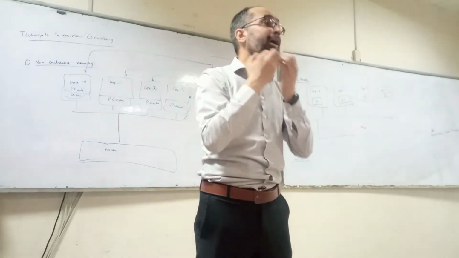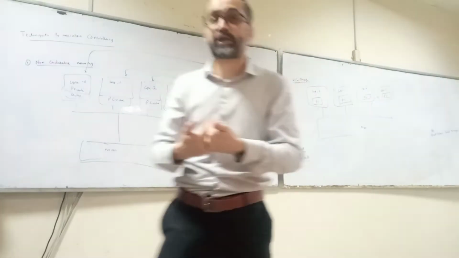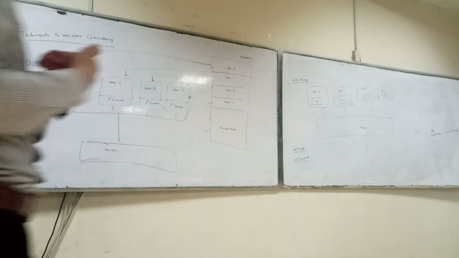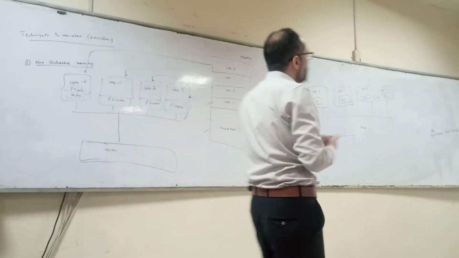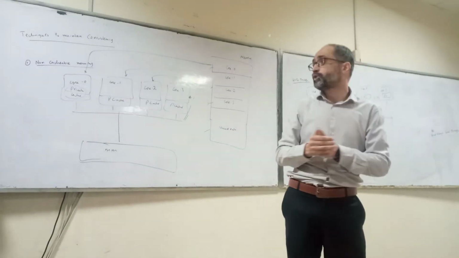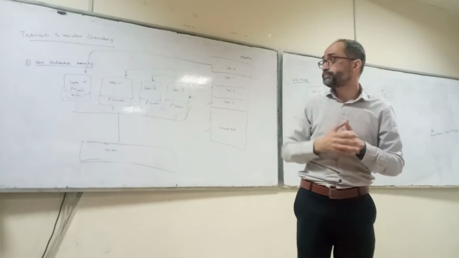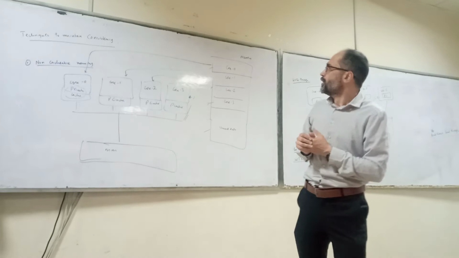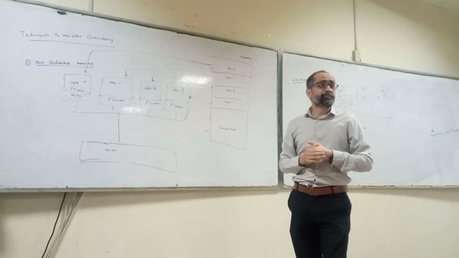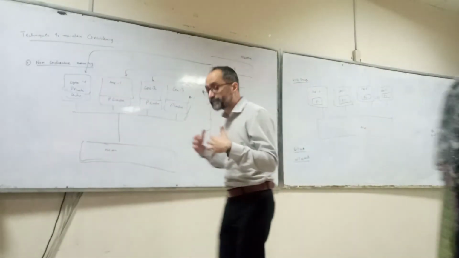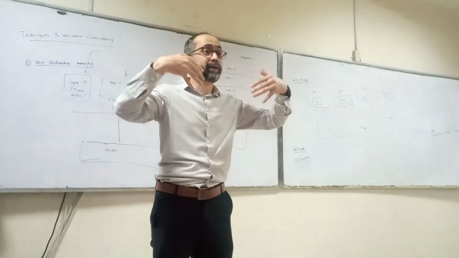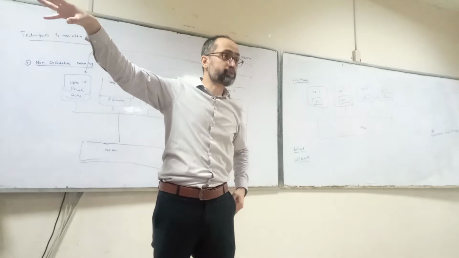Now let's assume we have an 8-core system or a 16-core system. In that case, it will be difficult to maintain consistency, and the consistency problem becomes more and more complicated if you increase the number of cores.